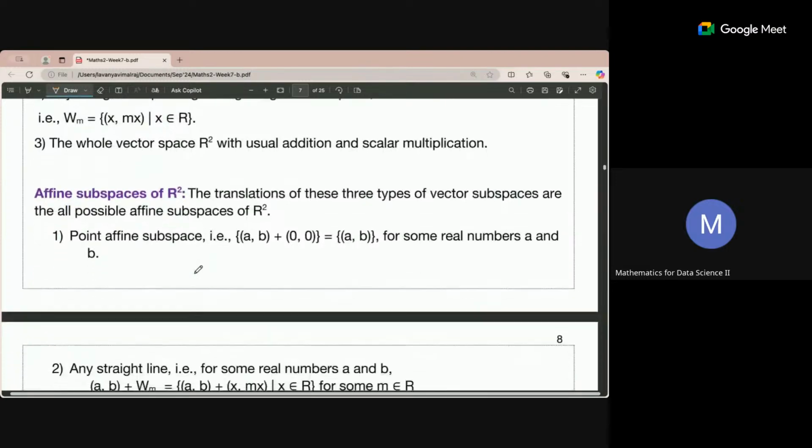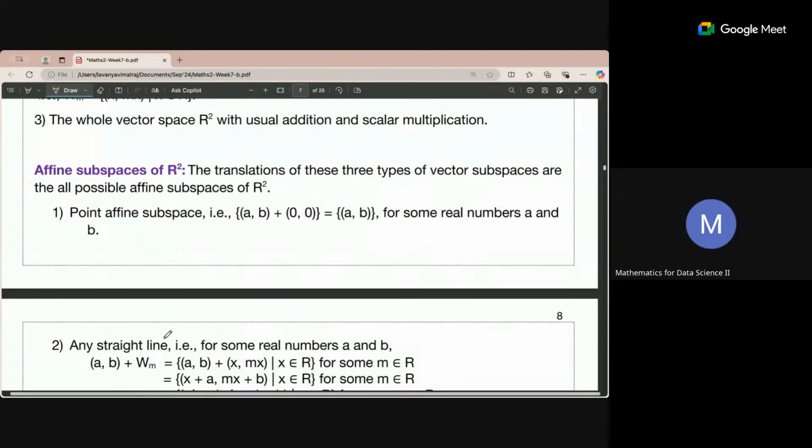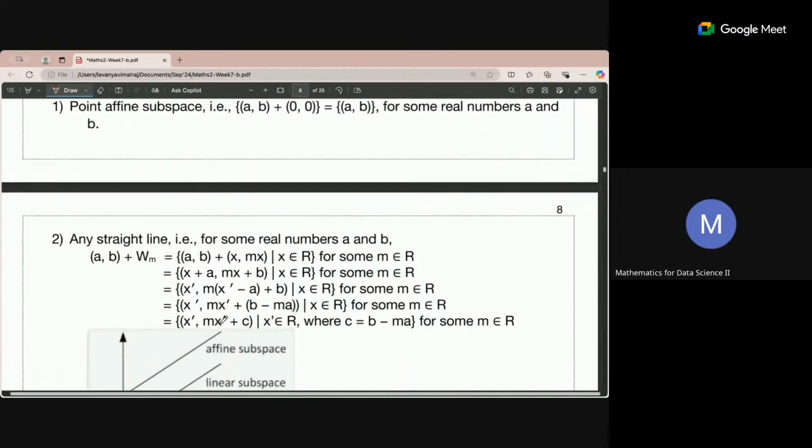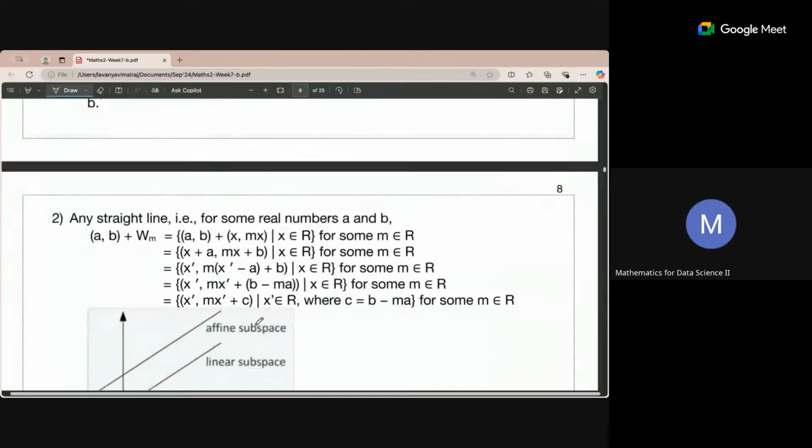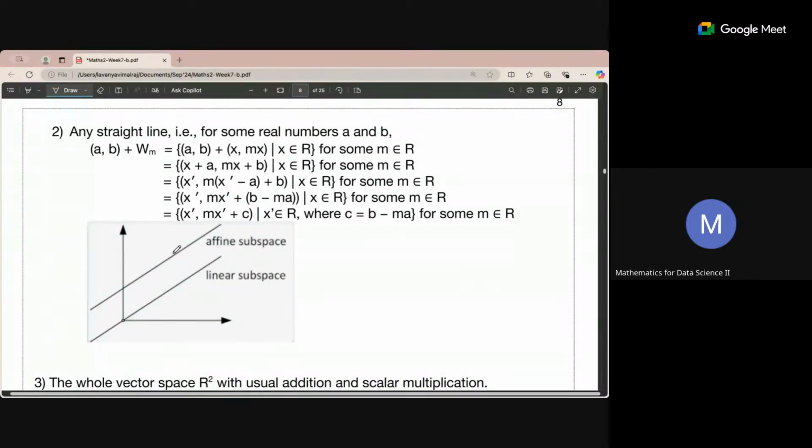And any line x comma mx will be translated to mx plus c, a line parallel to that. So any straight line of the form y is equal to mx plus c will be an affine subspace.